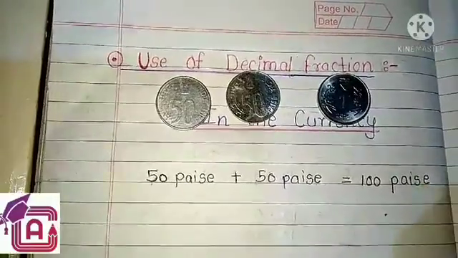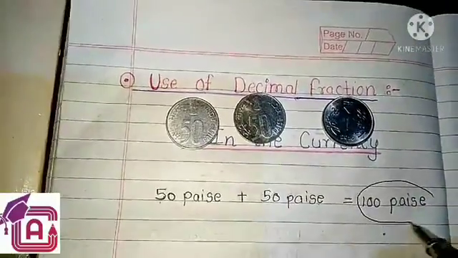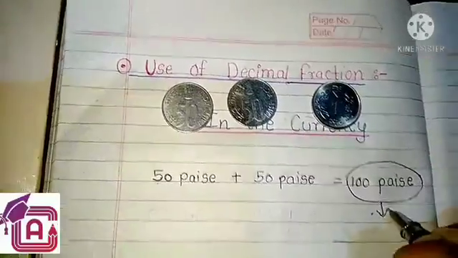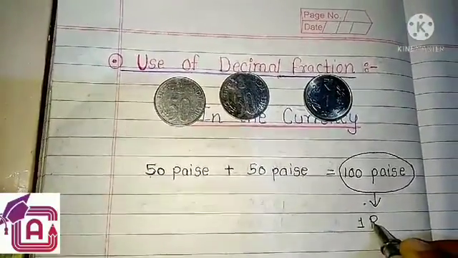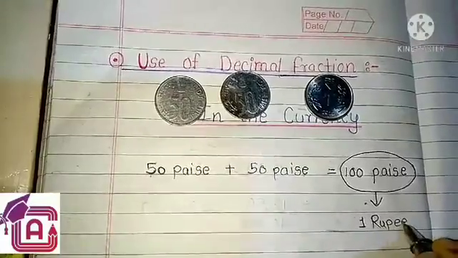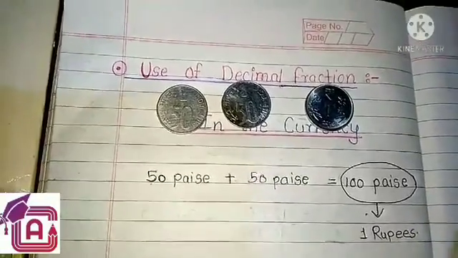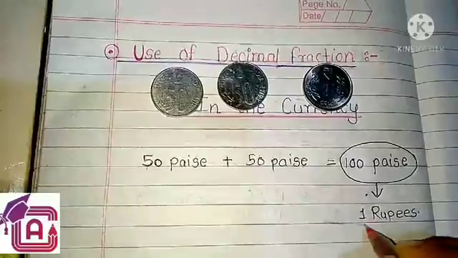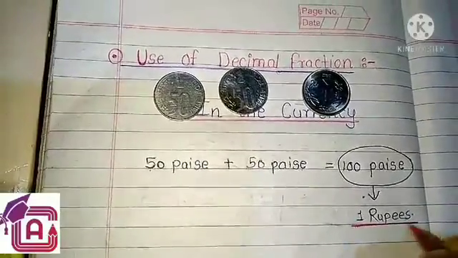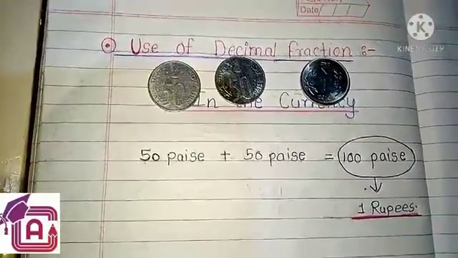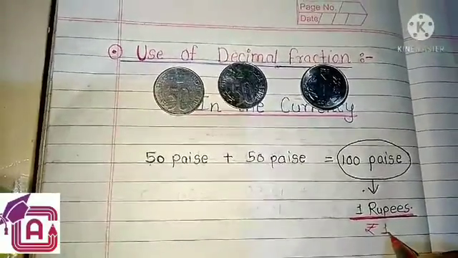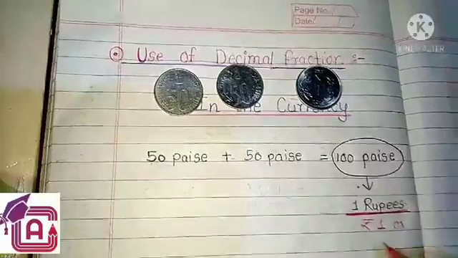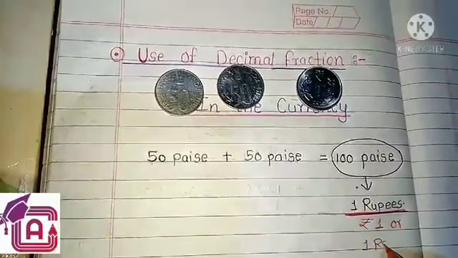And this 100 paise means nowadays how many rupees? 1 rupee. This 100 paise is equal to how many rupees? 1 rupee. It can be written as rupees 1 or 1 rupee.